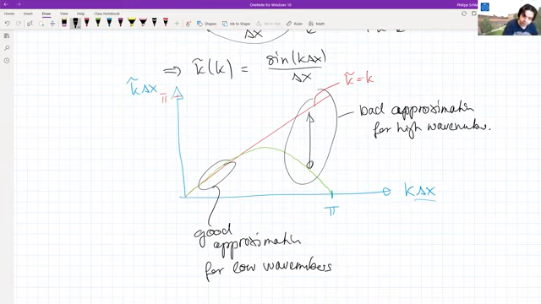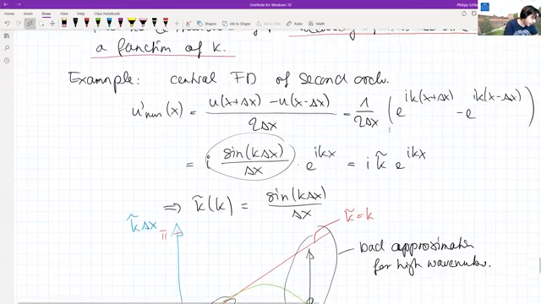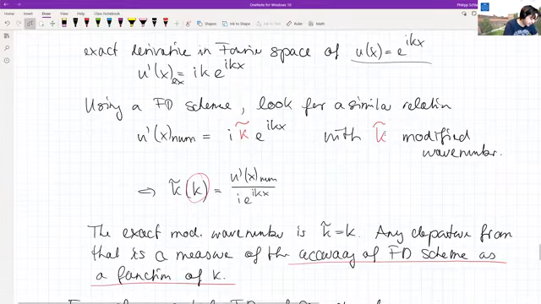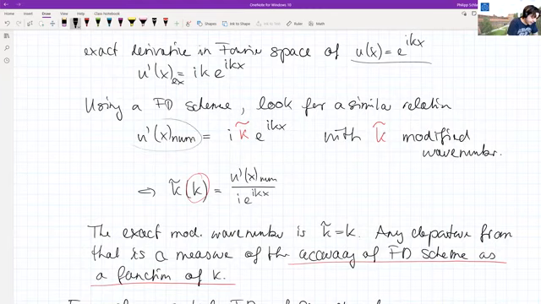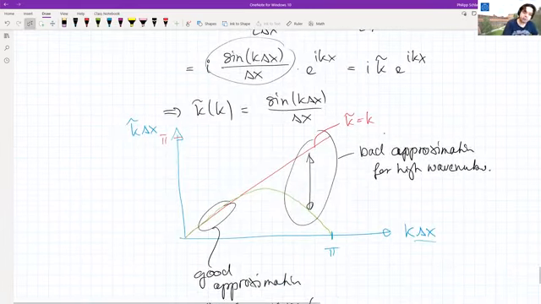And of course, now the question is, in what way is it bad? Well, it's bad in a multiplicative sense, because here you can see that the numerical derivative is the original function multiplied by the modified wave number. And here we multiply with something that is much lower in value.